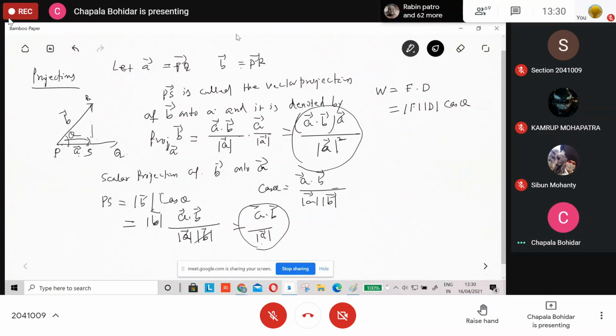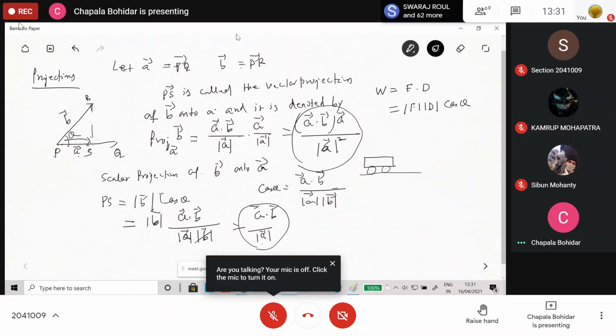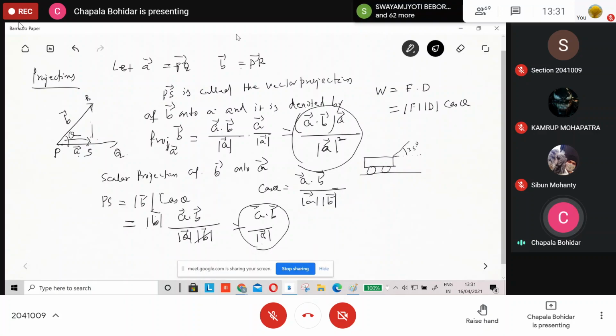Clear? So, one example here. A wagon is pulled a distance of 100 meters along a horizontal path by a constant force of 70 Newtons.